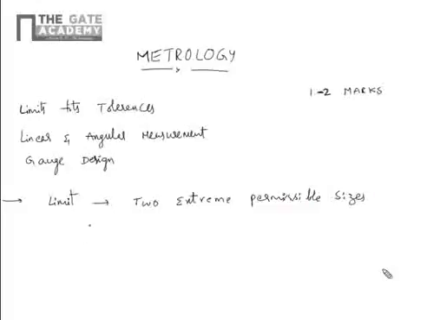There are two types, upper limit and lower limit. Upper limit is the maximum it can go up to, and lower limit is the minimum limit.